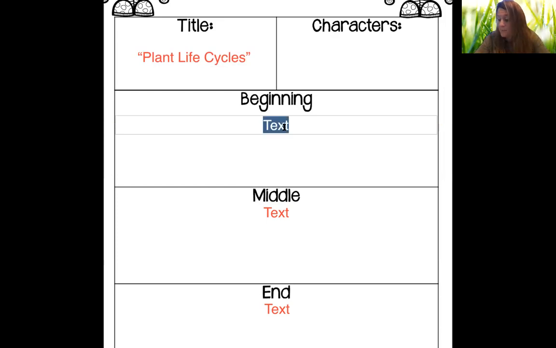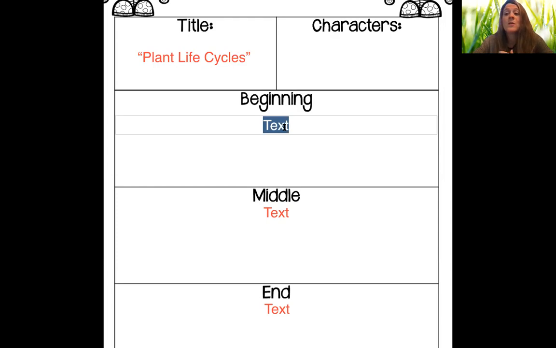Now, tell me, what happens at the beginning of this story? At the beginning of this passage, what is it talking about? I heard somebody say it. Good. Anything else? Yeah. So it talks about how living things go through what?